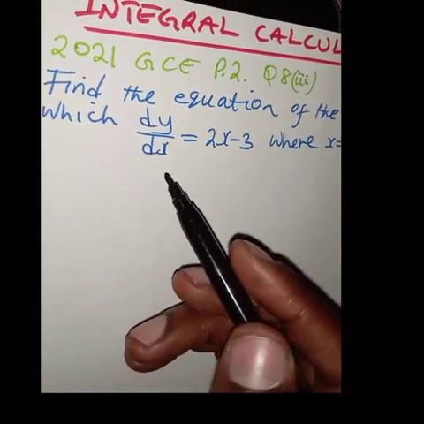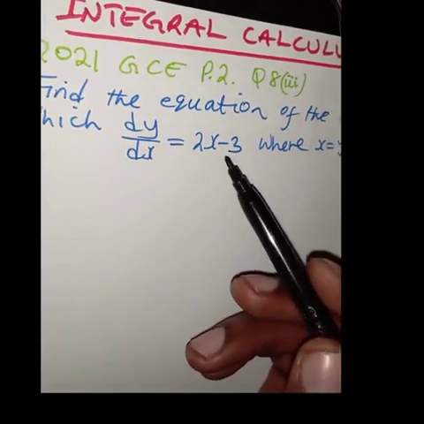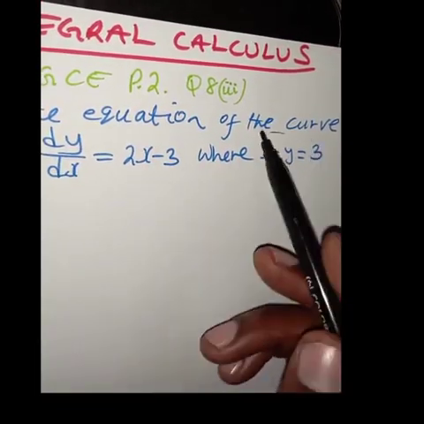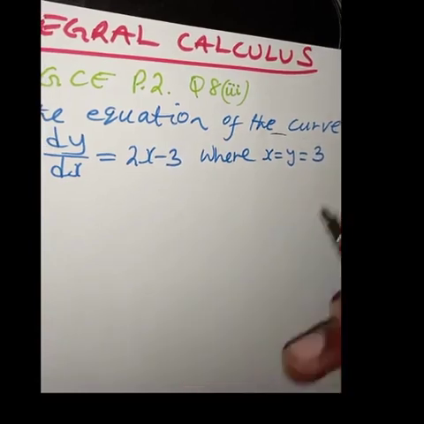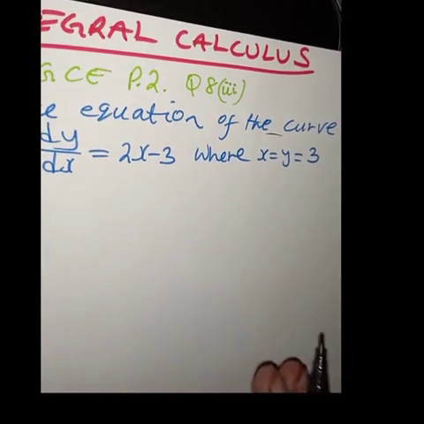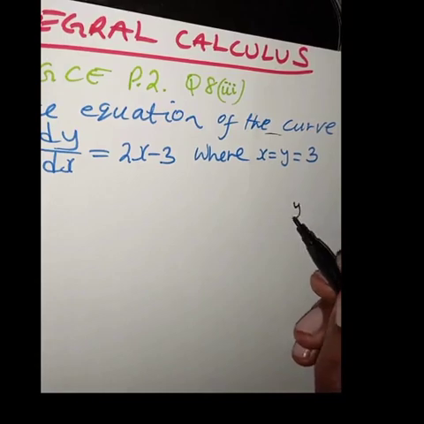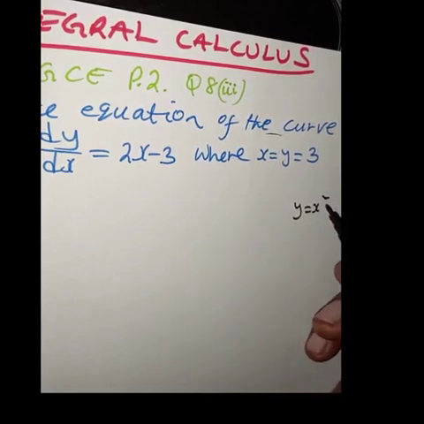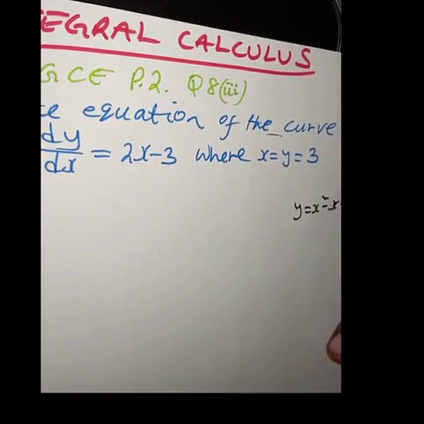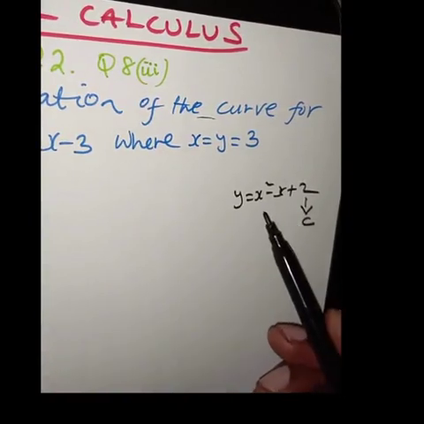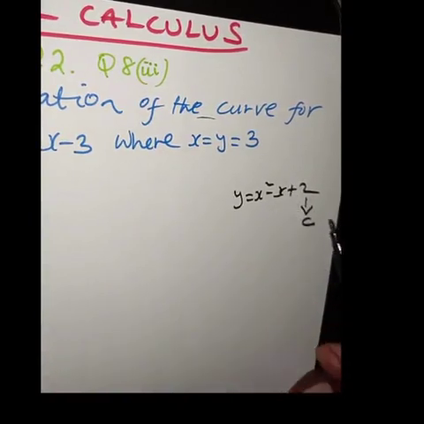So here, remember, they want us to find the equation of the curve. This equation of the curve has to look like, for example, y is equal to x squared minus x plus 2, or anything of this format with a 2 here that we call a constant, represented by c.